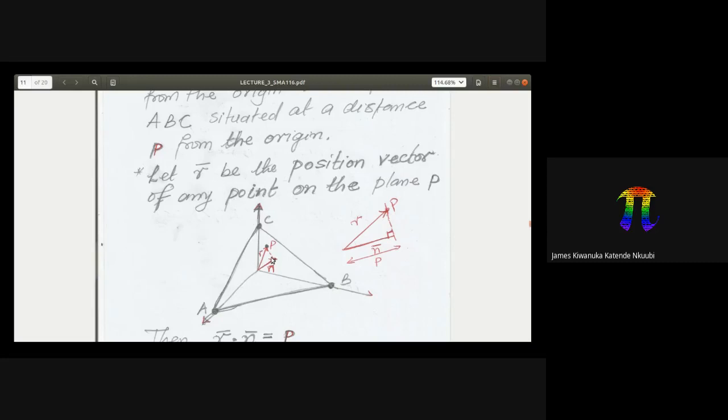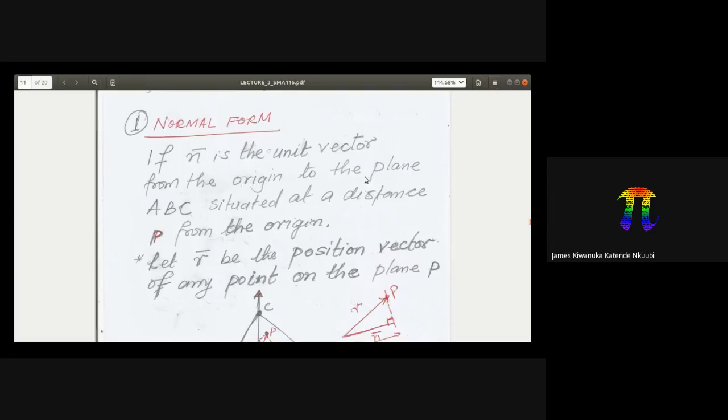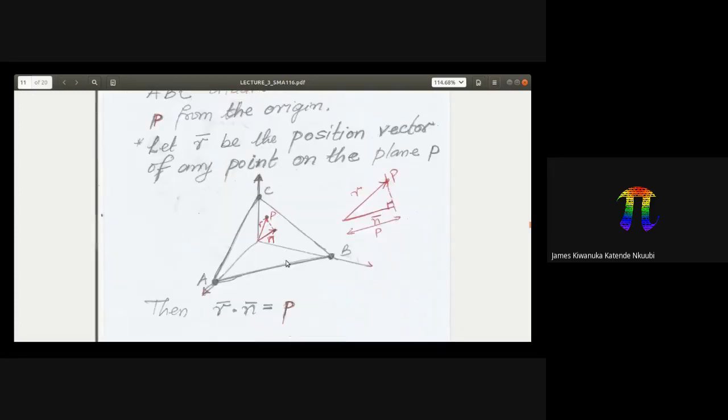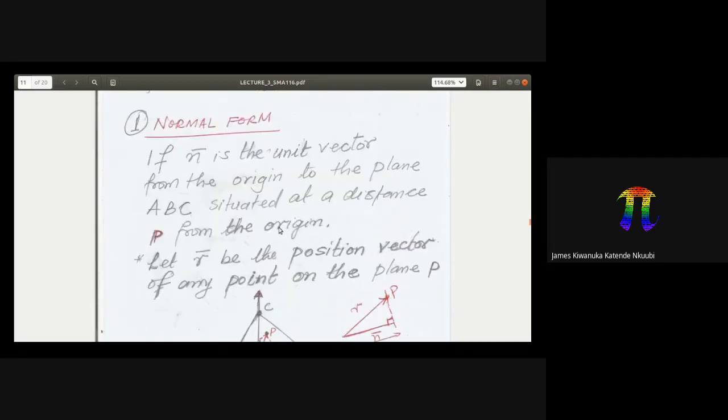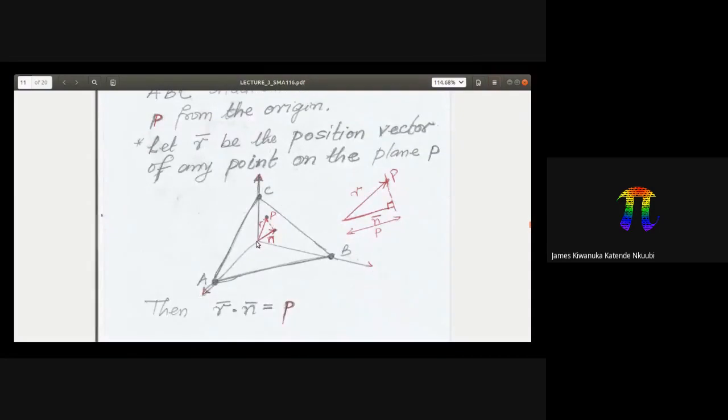Right? So then n is a unit vector in this direction. n is not, as described here, a unit vector from the origin to the plane. It's just the unit normal vector, the unit vector in the same direction as the vector that is perpendicular to the plane from the origin.